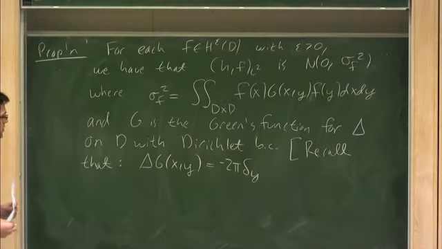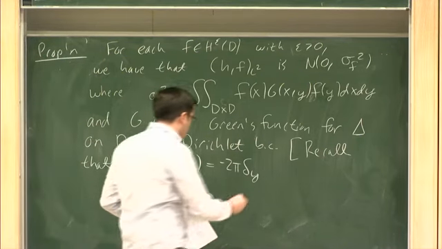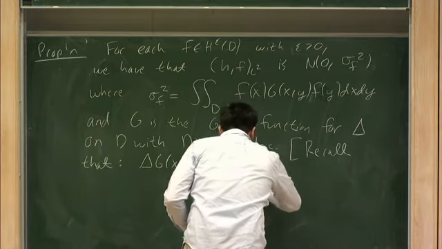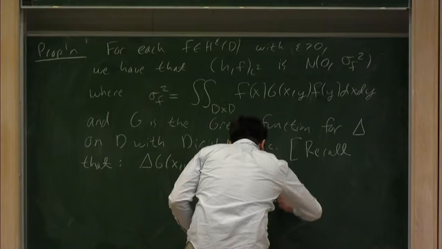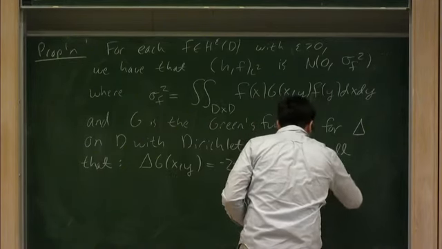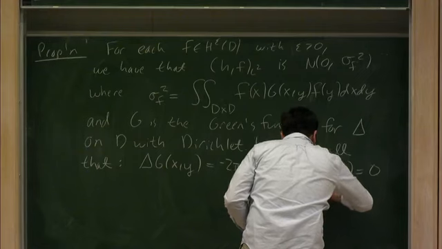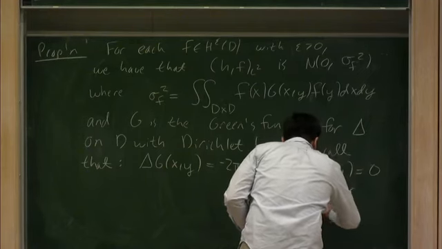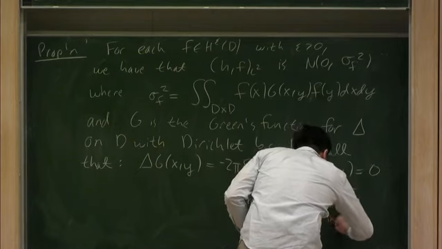So if I take the Laplacian of the Green's function in its first variable, then I get that, where this is the Dirac mass at y. And number two, G of x, y is equal to 0 whenever x or y is in the domain boundary.